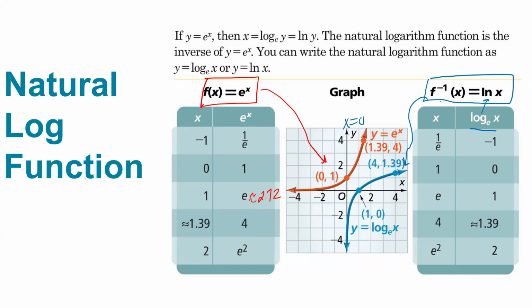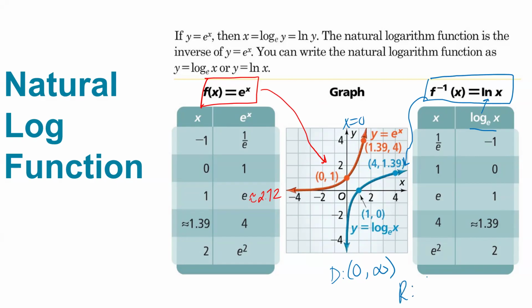Okay, so let's describe the domain of our natural log. The domain of our natural log now has a starting point. It starts at 0, doesn't equal 0, but it starts at 0, and then it continues to positive infinity, right? Because it's going forever to the right.